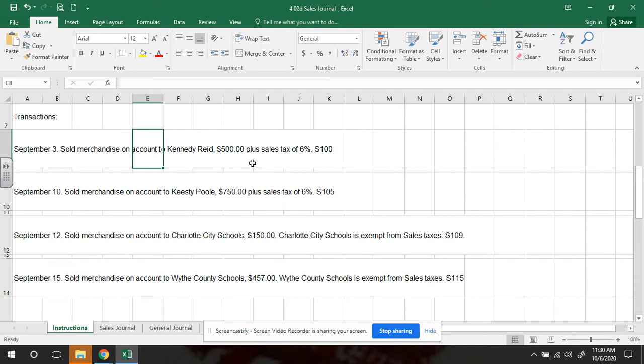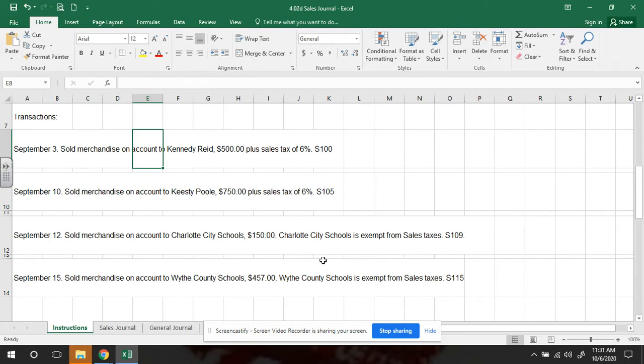I want you to notice that on the first one and the second one, on September 3rd and 10th, they tell us how much they purchased, the dollar amount, but it doesn't tell you how much sales tax. So we're going to have to figure out sales tax for both of these. On the 12th and the 15th, 2 different school systems came in and purchased merchandise, again on account.